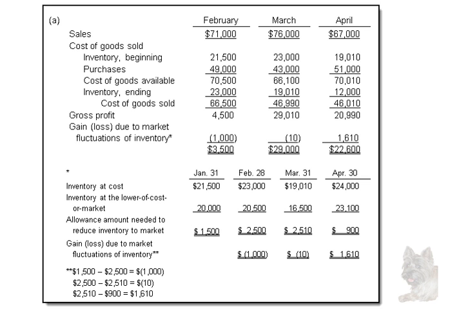Then we've got to calculate the gain or loss due to market fluctuation of inventory, and where those values come from. There's the $1,000 loss, and then a $10 loss, and a $1,610 gain. That comes from right here. And how did we work that up?